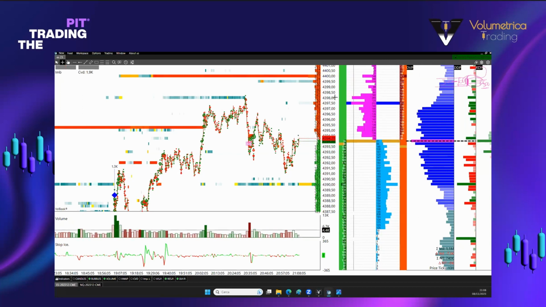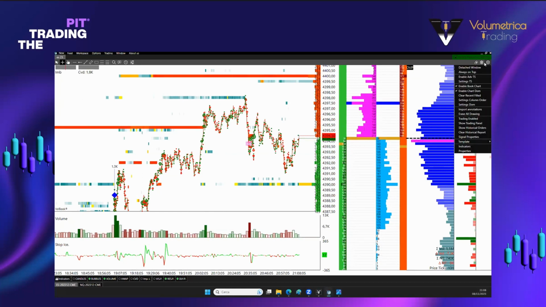That's an option called stacking or pooling, which is available here. If you press this button at the very right-hand side of the screen, you have all the options available for the DOM section of the platform.